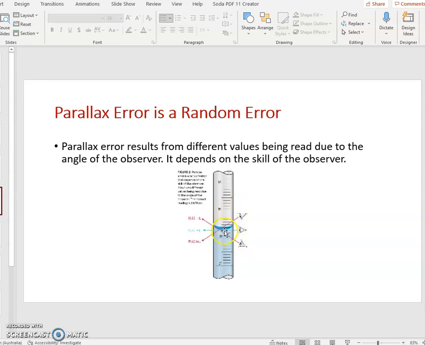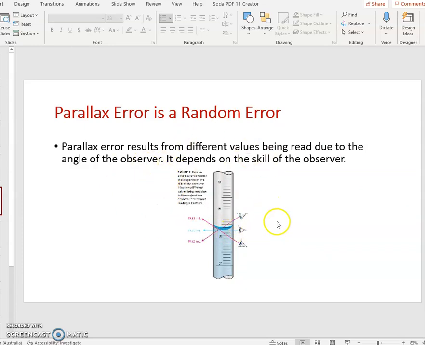And that might only be like 1 or 2 mils, but when you're dealing with only a small amount of substance, that can still be quite a large impact on the results. And that's obviously random because you might read the measurement from slightly different angles every single time you conduct that trial. So that's an example of random error.